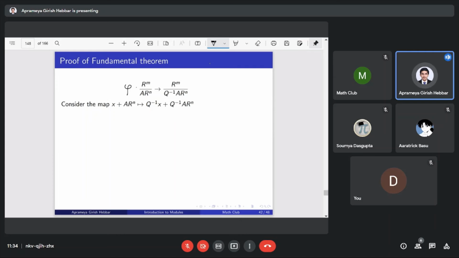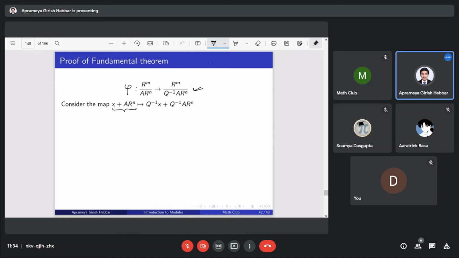Consider this isomorphism, let's call it phi, that goes from R^m over ARⁿ to R^m over Q inverse ARⁿ. How do I define this? I'll consider x plus ARⁿ, a left coset, and map it to another left coset. So I'll map x to Q inverse x. So x plus ARⁿ goes to Q inverse x plus Q inverse ARⁿ.